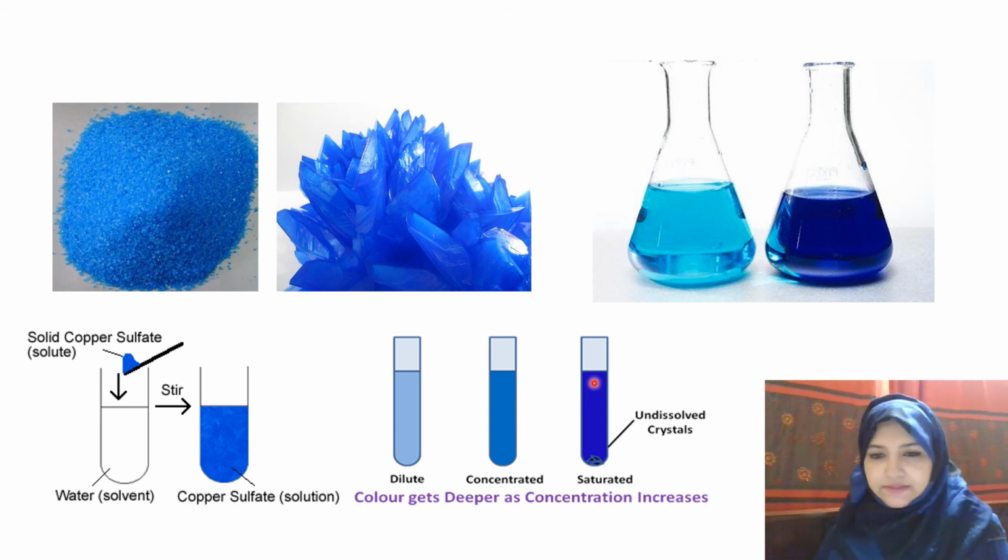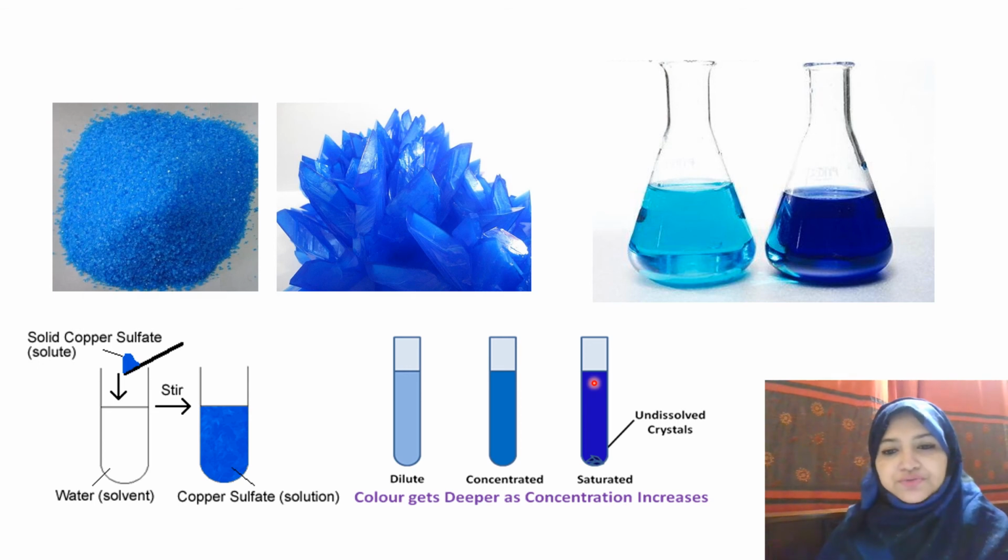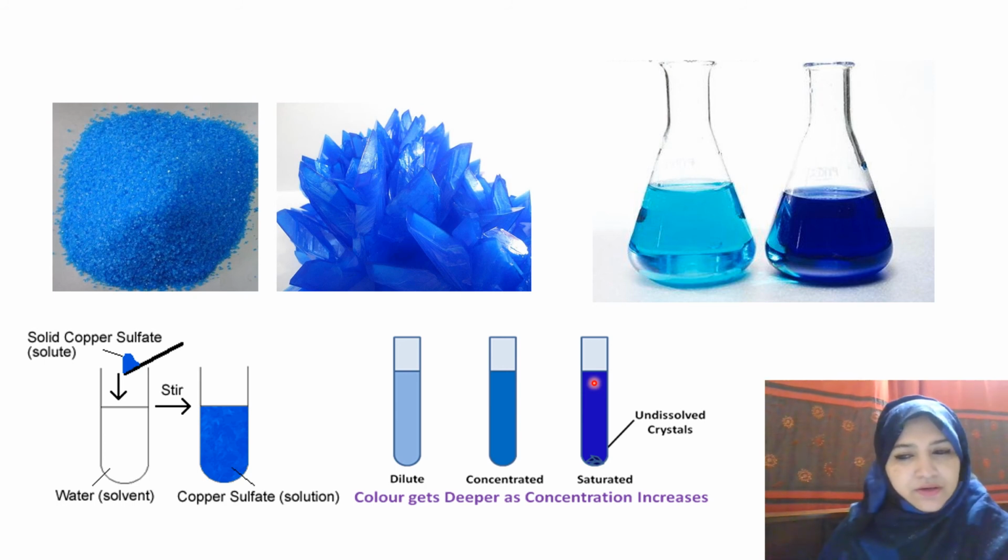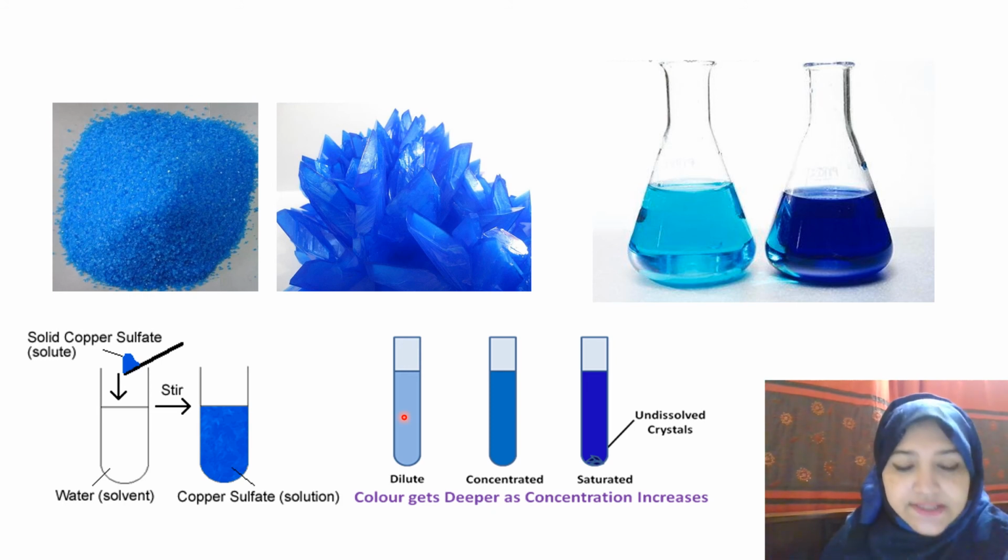Now, do all the solutions look the same blue color, students? No, and the solution looks less blue in which we added less copper sulfate. This first one is a dilute solution.